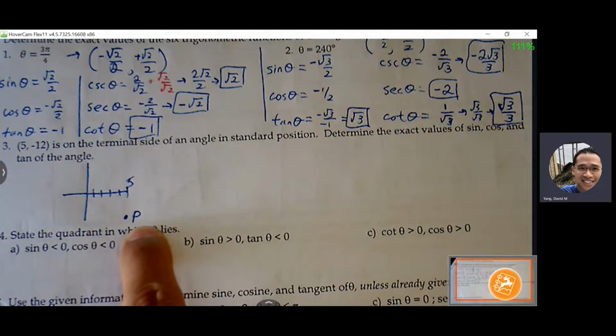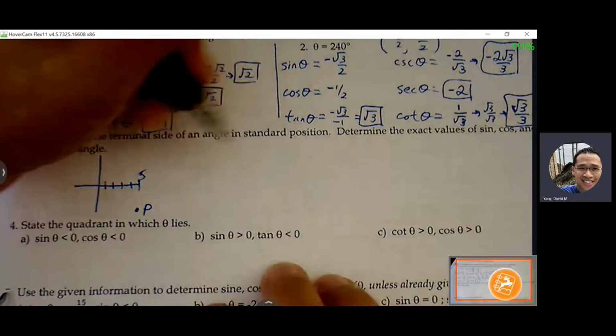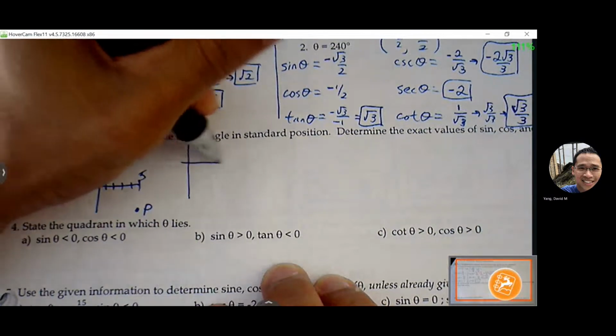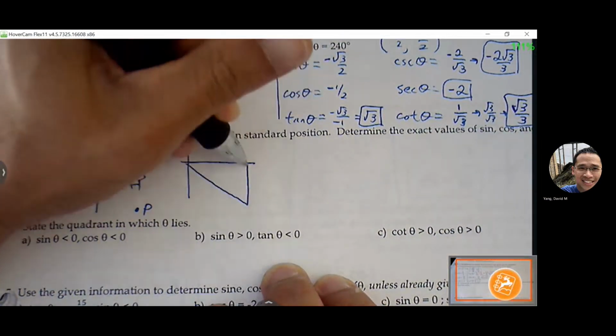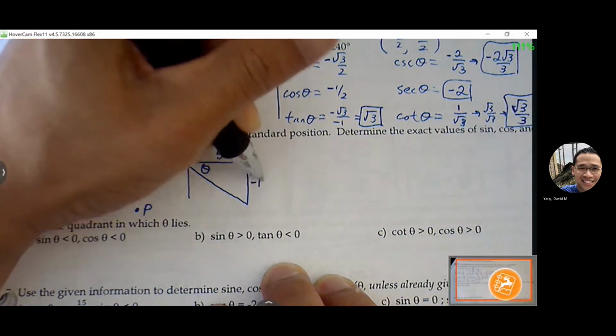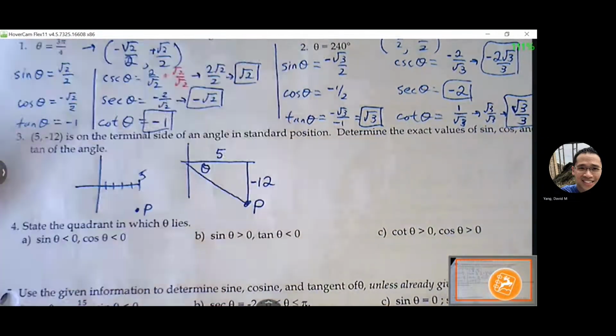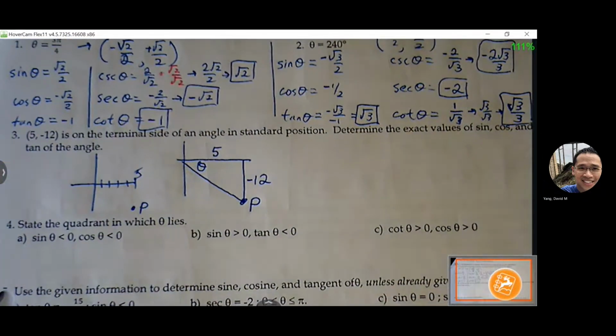Once you plot point P, you can draw the triangle from there. So go ahead and plot that point first, and then ask yourself, how am I going to get there?